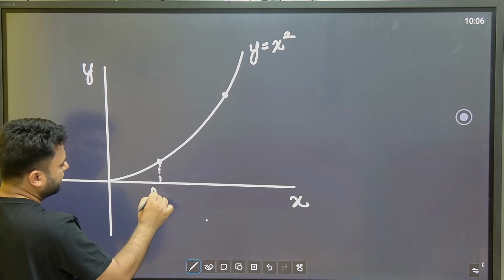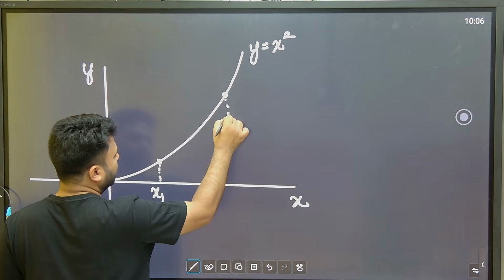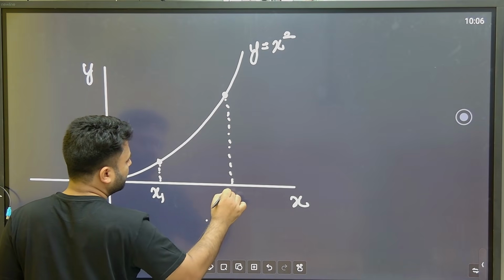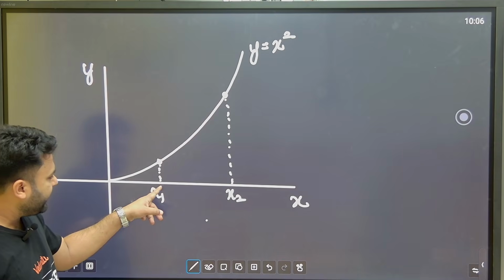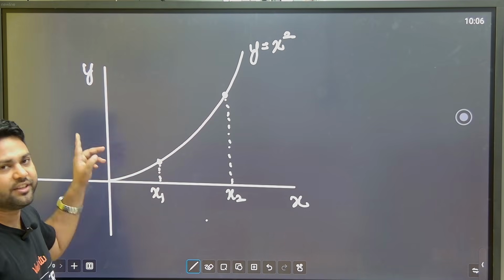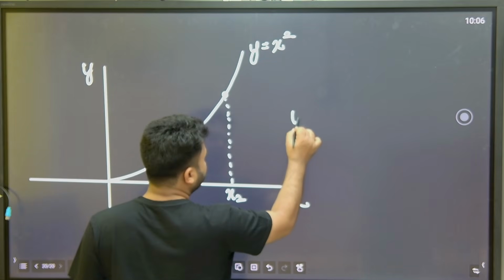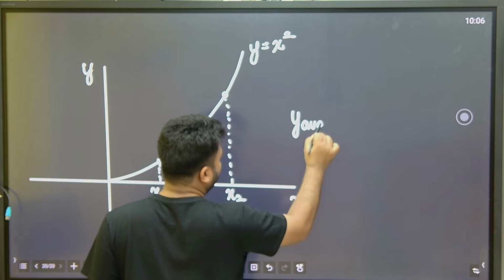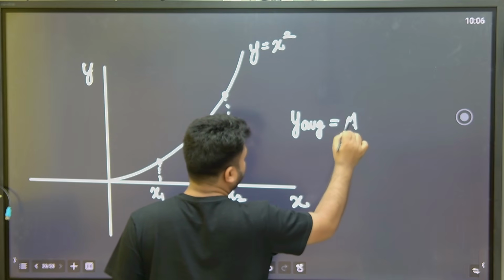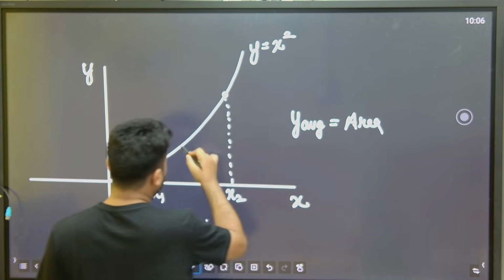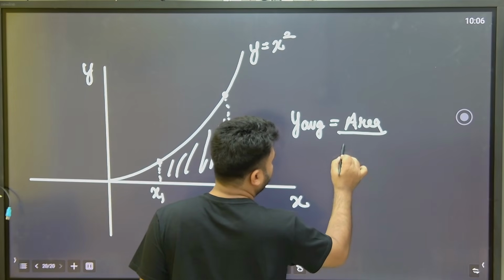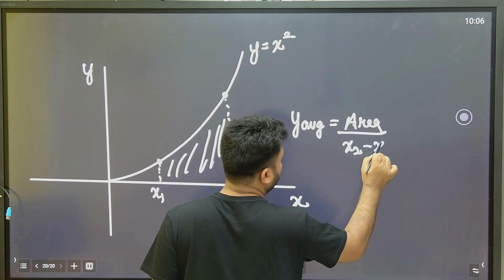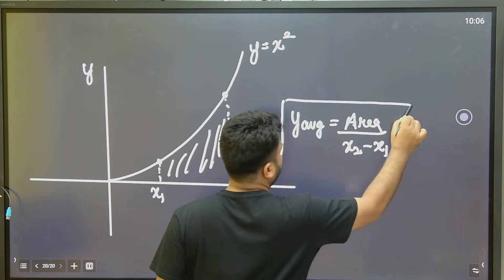Suppose this is x1 and this is x2. If we are changing x, y is also changing. They are asking what is y average. So y average is calculated as the area under the graph, this area, divided by x2 minus x1. This formula you have to remember.